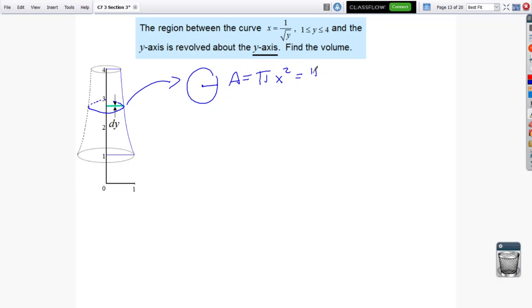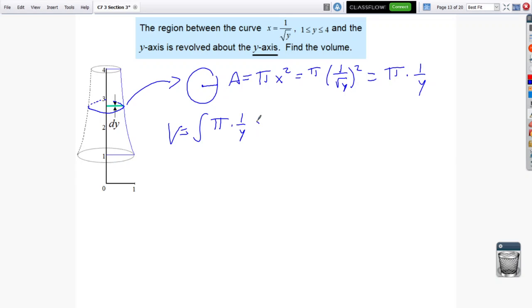Since I'm getting it down to dy, this has to be in terms of y. This would be pi times 1 over the square root of y, squared. Let's remove the redundancy so this becomes pi times 1 over y.